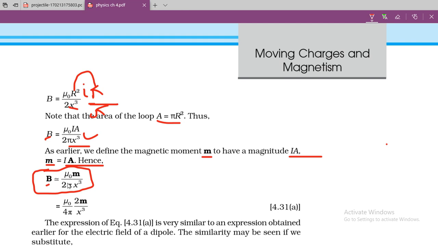Okay, if you multiply by 2 in numerator and denominator, you will get B is equal to mu naught upon 4 pi into 2M by x cube.